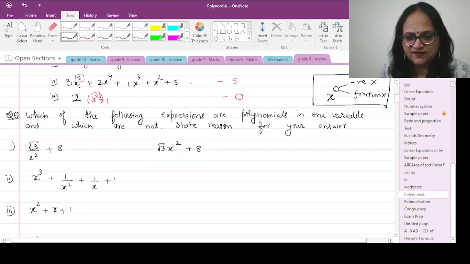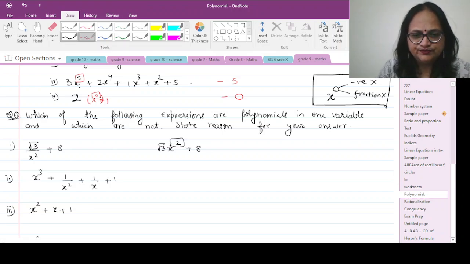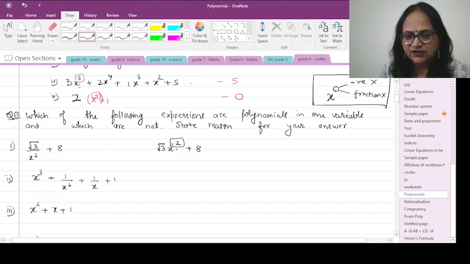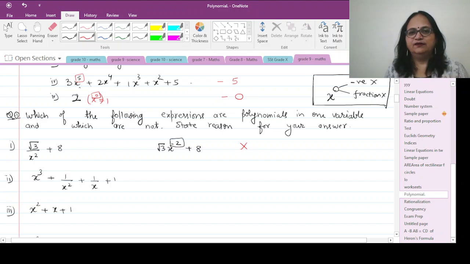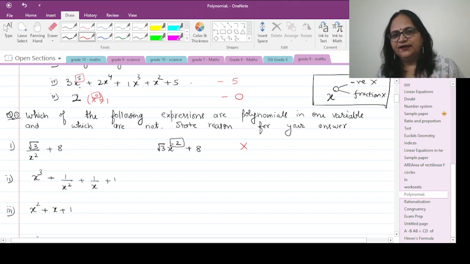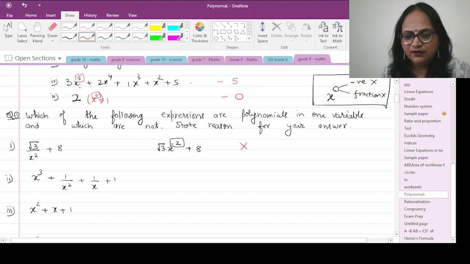Can you see that this is x to the power minus 2? Correct? So power is negative. Variable's power is negative, means it is not a polynomial. If you are having variable in denominator, then definitely if you take it up, it will be negative. So that will not be a polynomial.